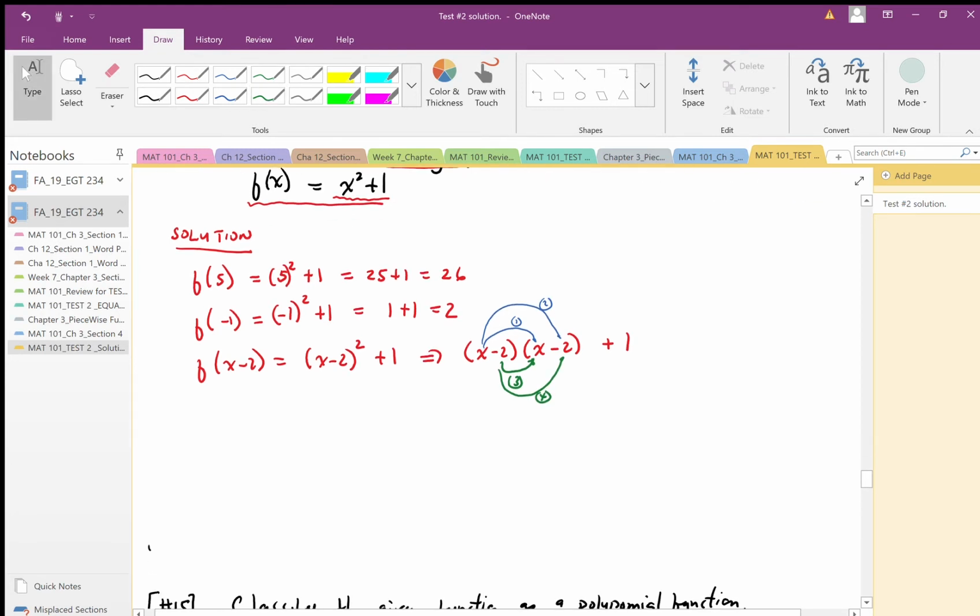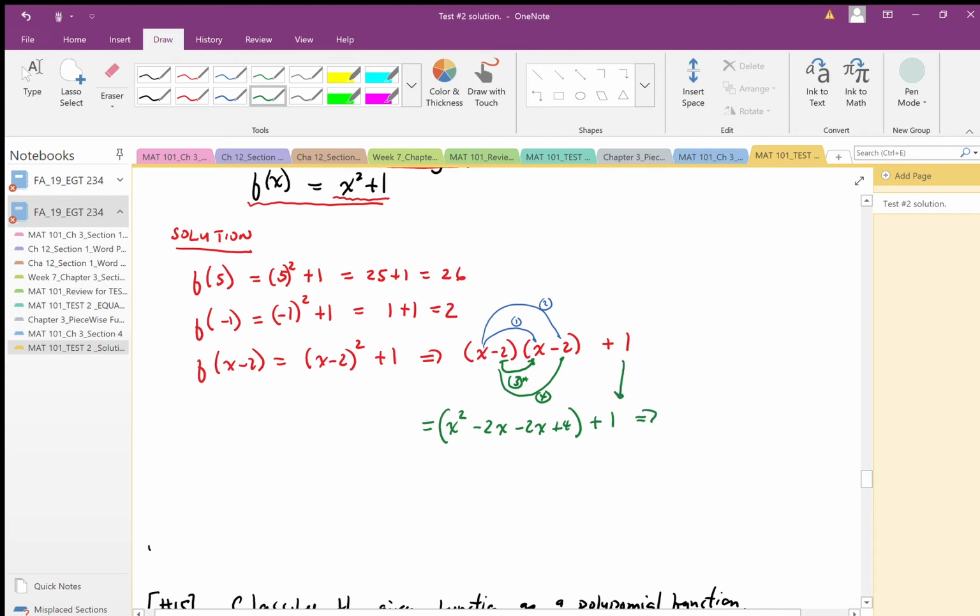So when we do that, what do we get? You're going to get x times x is x squared, right? X times -2 is -2x. For number 3 here, -2 times x is -2x. And then -2 times -2 is a positive 4. Put all that in parentheses, plus this 1 right here, okay?